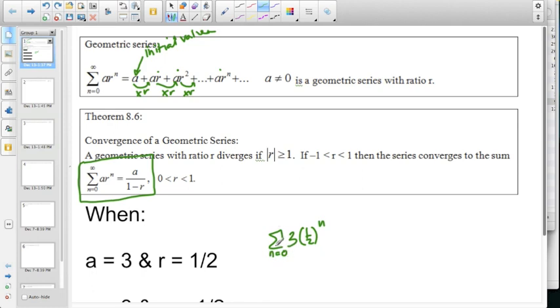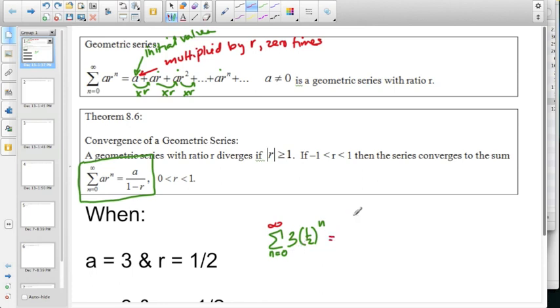And the reason why we start this particular type of series at n equals 0 is because this first term has been multiplied by that common ratio 0 times. And so that's why these series start at 0.